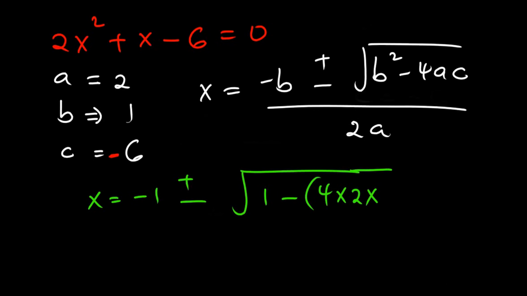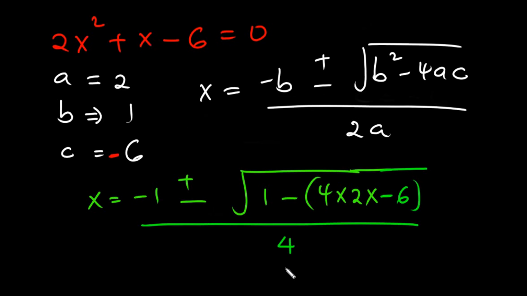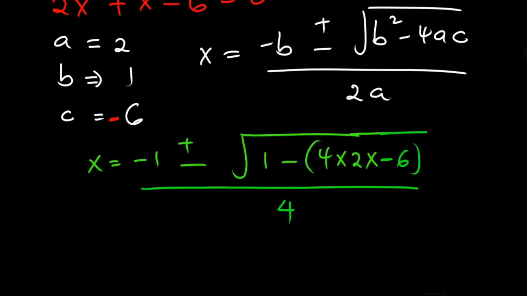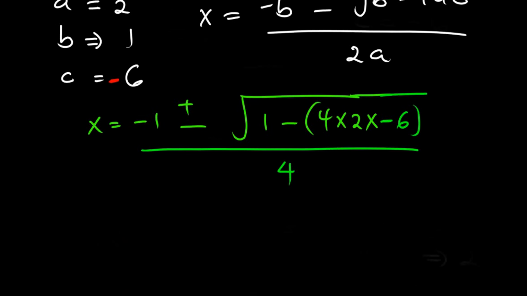Okay, so this is going to be 4 times 2 times C, which is now negative 6. Then all these divided by 2a, and 2a is 4. So let's work out what is inside this bracket. So it's 4 times 2 is 8.